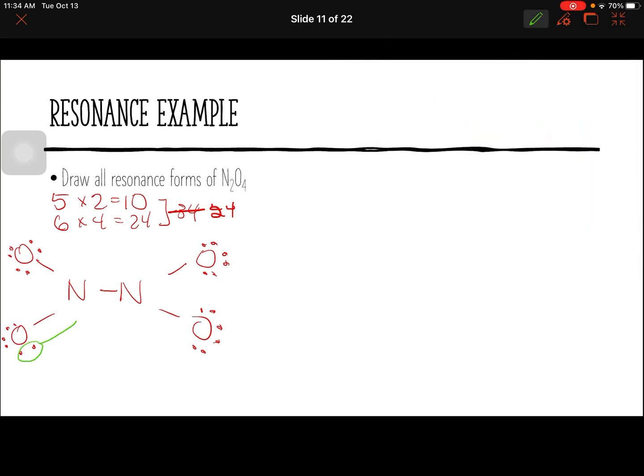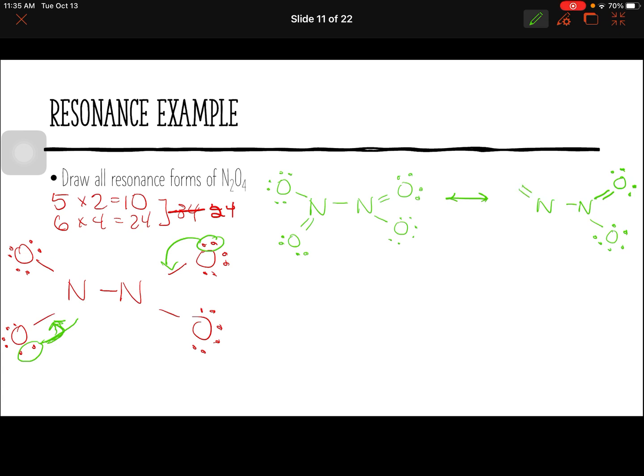I could pull those into a double bond, and I could pull those into a double bond. So I could do this. But I also could have chosen this.